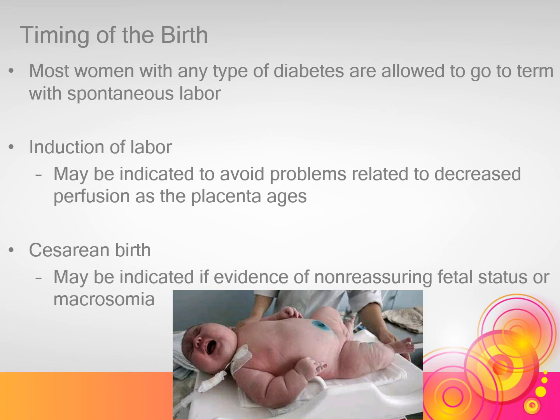In some cases, we may need to induce labor if we need to avoid problems related to decreased placental perfusion as that placenta ages. Cesarean birth may be indicated if we see non-reassuring fetal status or macrosomia, like our big old baby there.